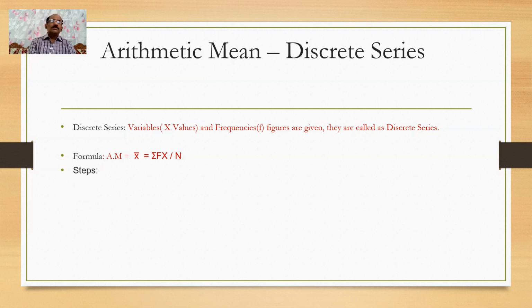To calculate the arithmetic mean in discrete series, we have to follow some steps. If we follow the steps, we can solve the problem very easily and the possibility of mistakes is also reduced. So, we have to keep these steps in mind.